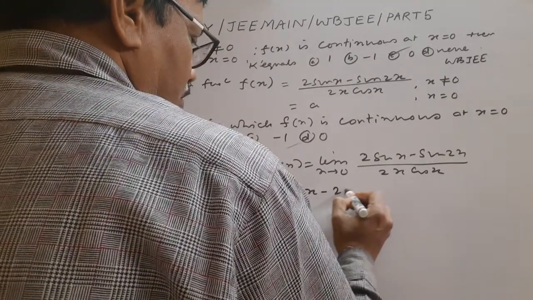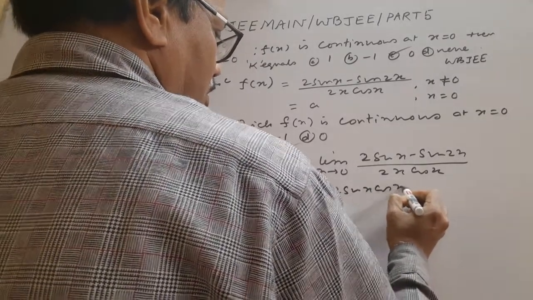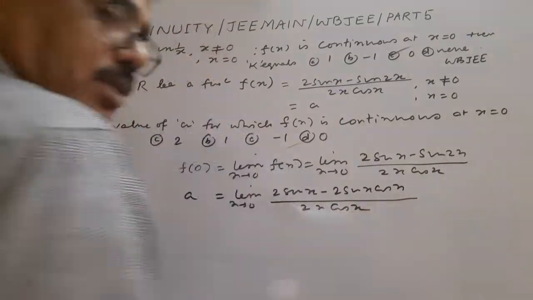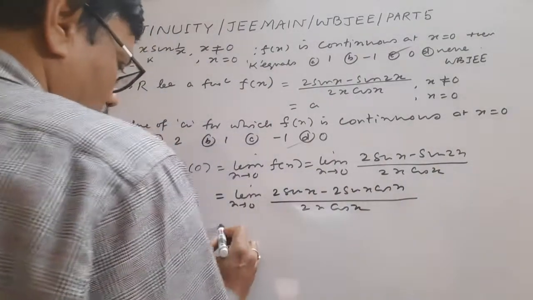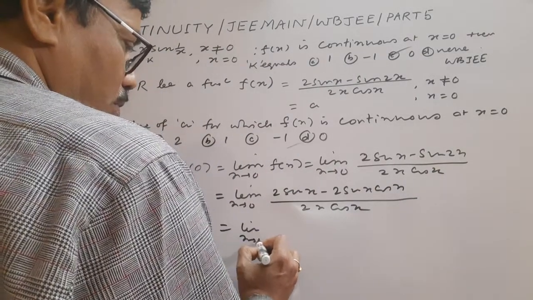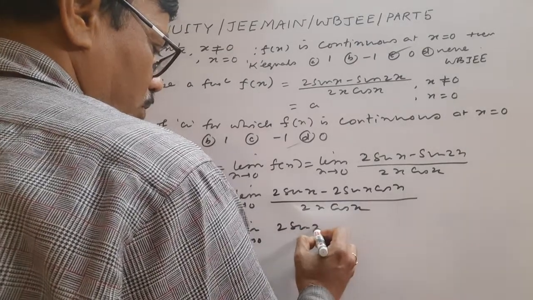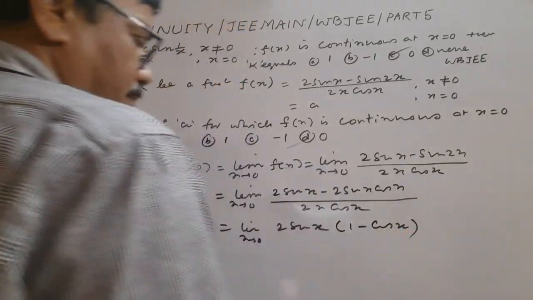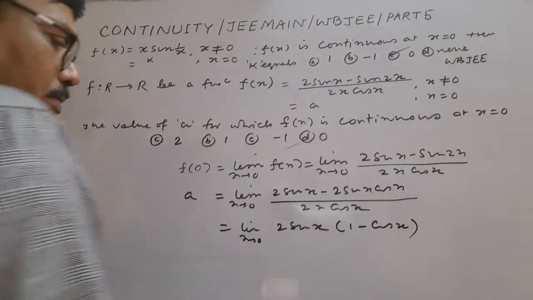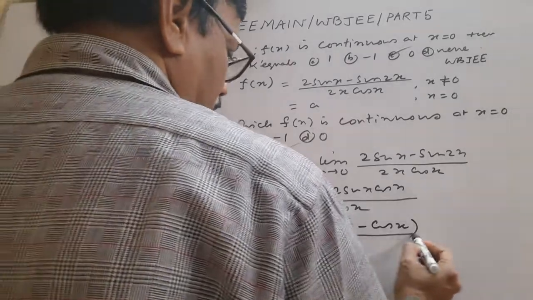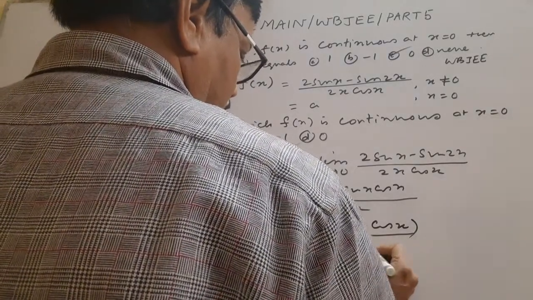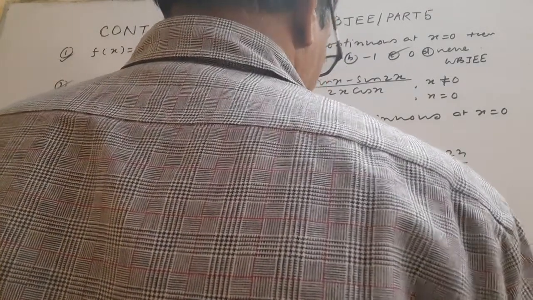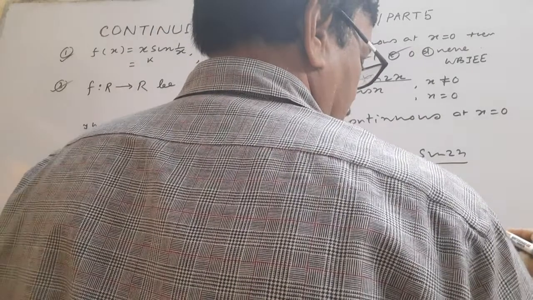So, sin 2x is 2 sin x cos x. And this is 2x cos x. Now, this one, limit x tends to 0, 2 sin x common, (1 minus cos x) by 2x cos x. So, 2 outside, limit x tends to 0, sin by cos is tan x by x.